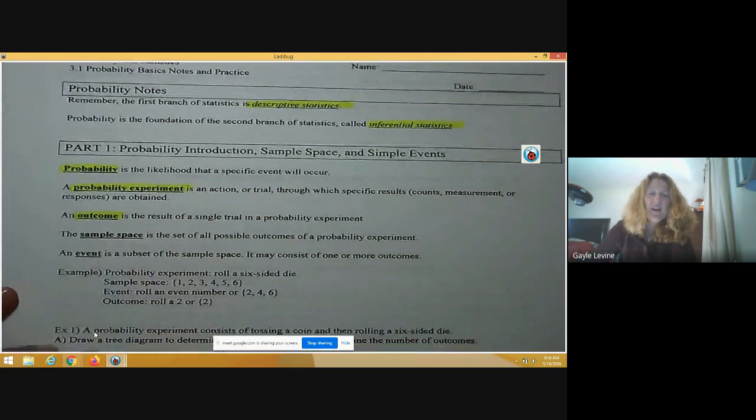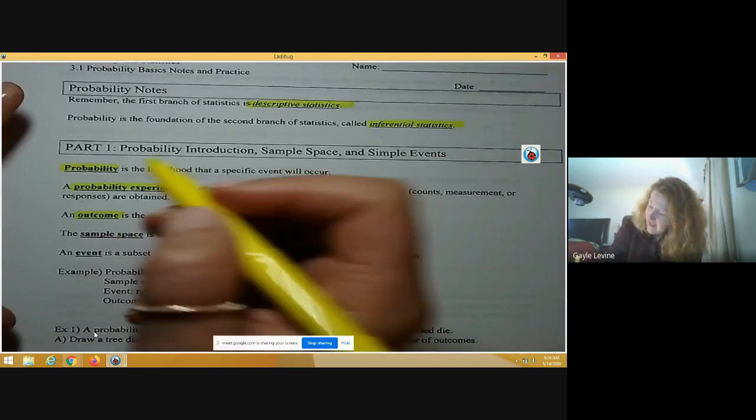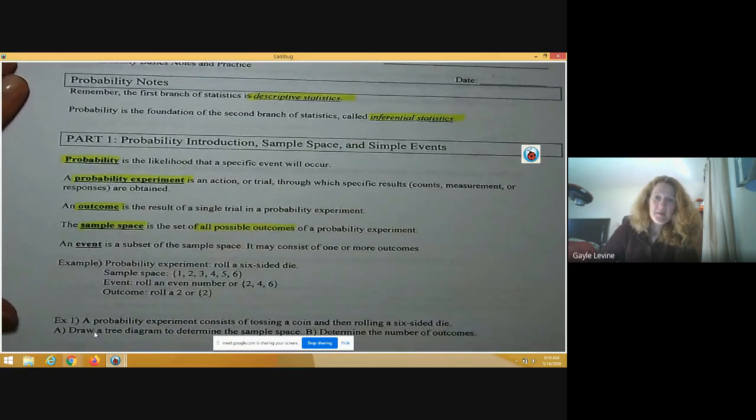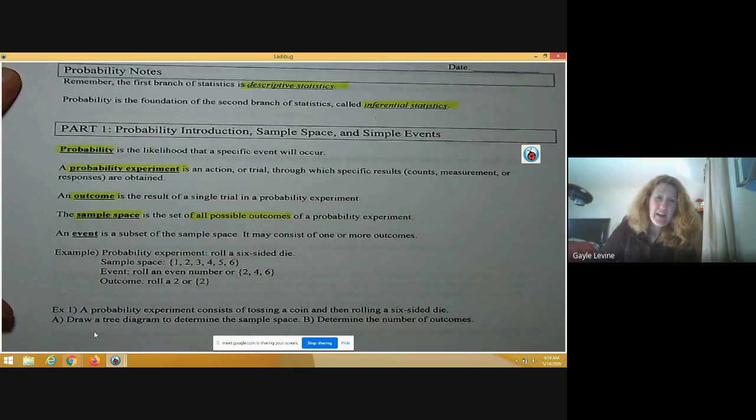So if you think of rolling a die, one roll of the die would be your outcome, and we're going to talk about that in a minute. The sample space is the set of all possible outcomes of the probability experiment, and we're going to look at sample spaces in a minute. And then an event is a subset of the sample space.